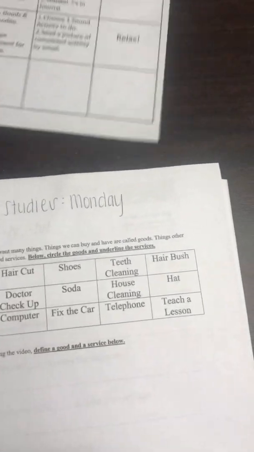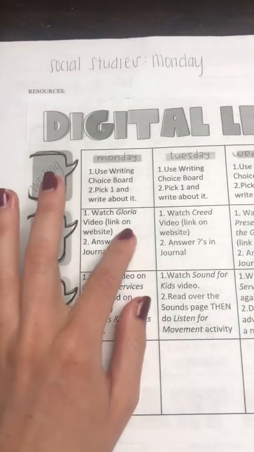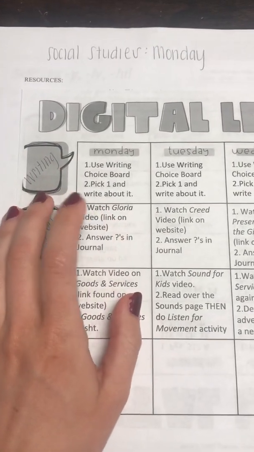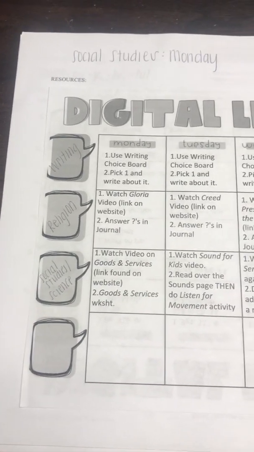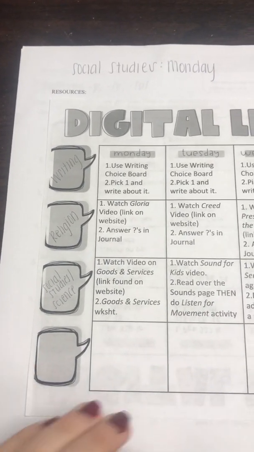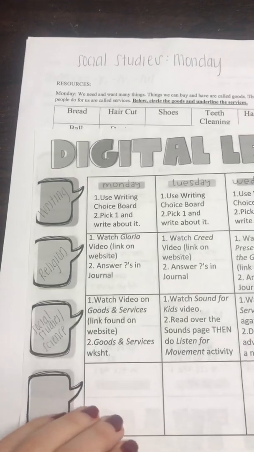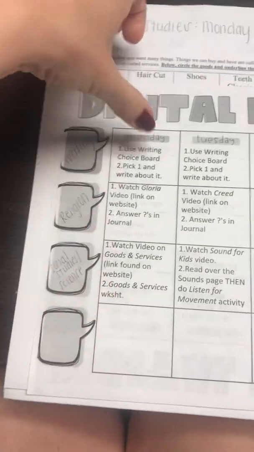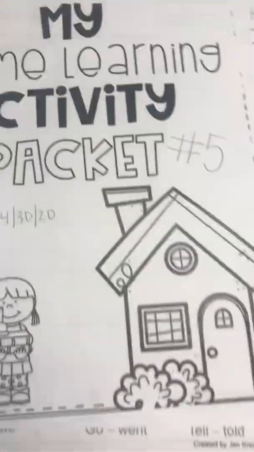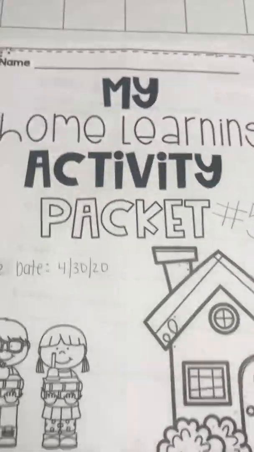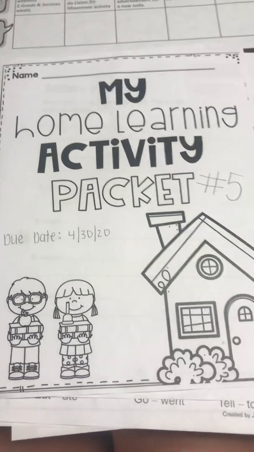And then for religion, you'll be watching a video about Gloria, and you can either email me your response or you can write it down, and I will take a look at it when you turn it in. So definitely take a look at the web page for each subject area as it's been updated for this week. And if you have any questions, let me know.